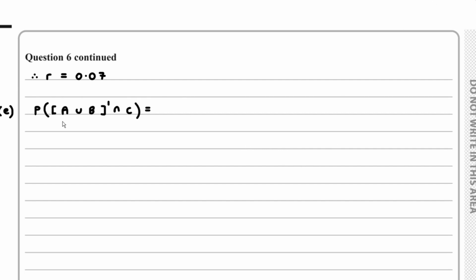So, the probability of the set that doesn't include A or B and includes C is 0.25 plus 0.08, which is 0.33.